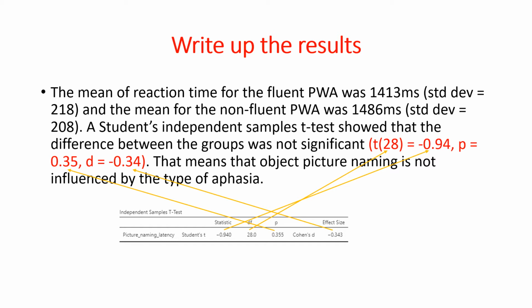Then after we present descriptive statistics and the results of our test, we make an interpretation. The interpretation of this result is that object picture naming is not influenced by the type of aphasia. That simple. Again, I emphasize as a disclaimer that this data is not real, so what you see here cannot be real.